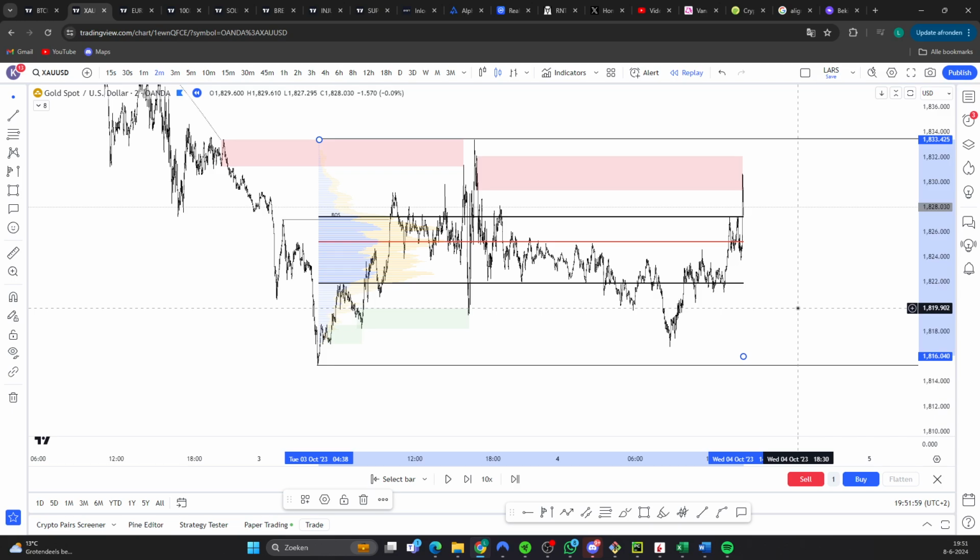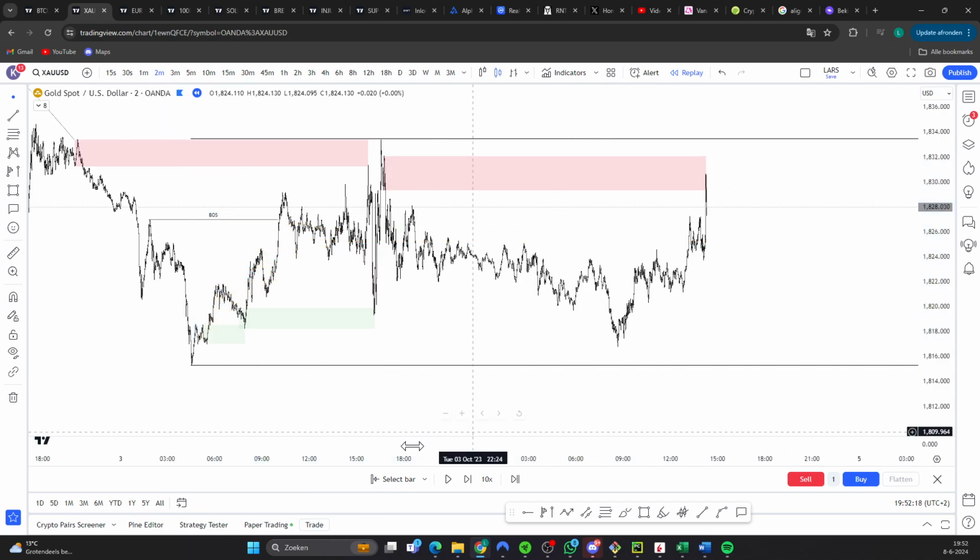We went from extreme point to extreme point. We grabbed extreme liquidity and now we're hitting extreme supply, but we're not taking the extreme market structure points. Really just inside the range and having no entry.